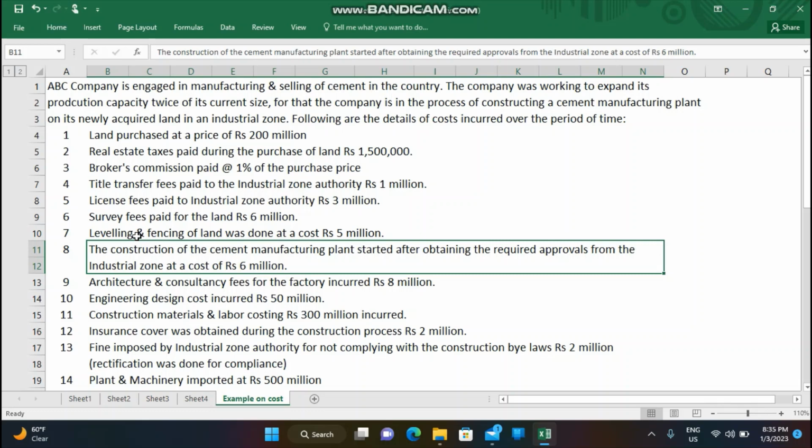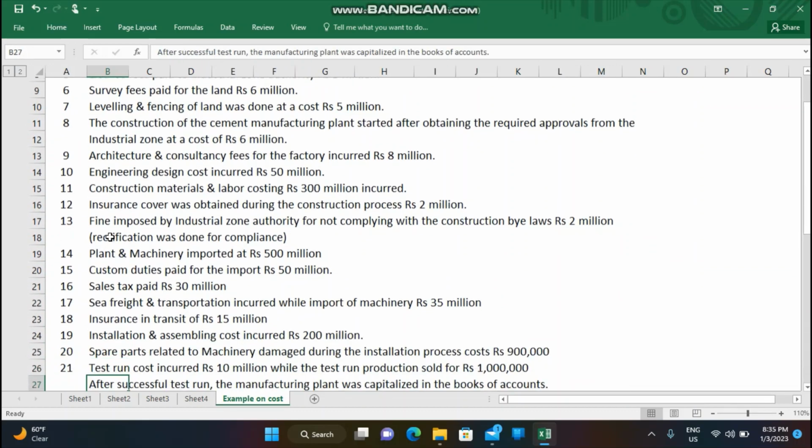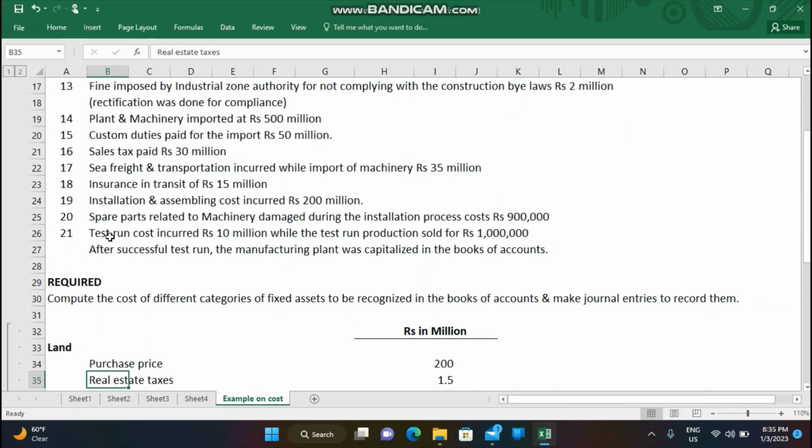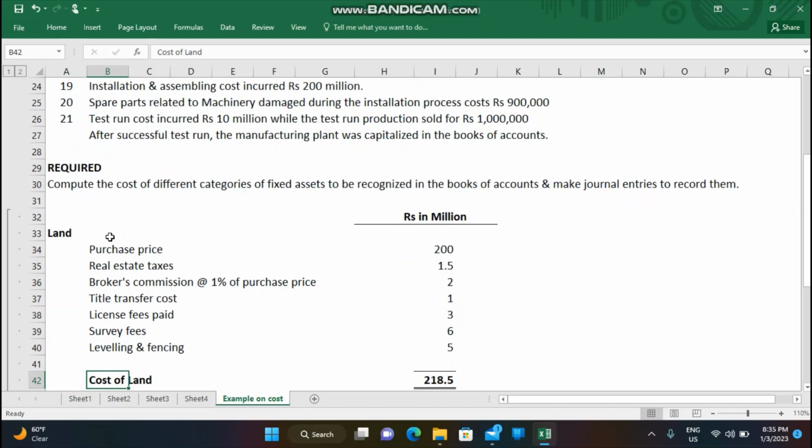So let's see how the cost of land is computed. I've made it here. We discussed all these elements: purchase price, which is 200 million. These are the rupees in million, and these are the items that we just discussed.